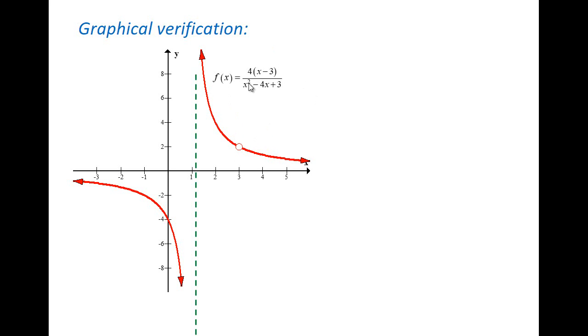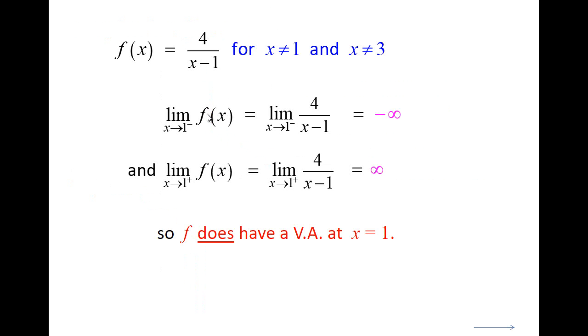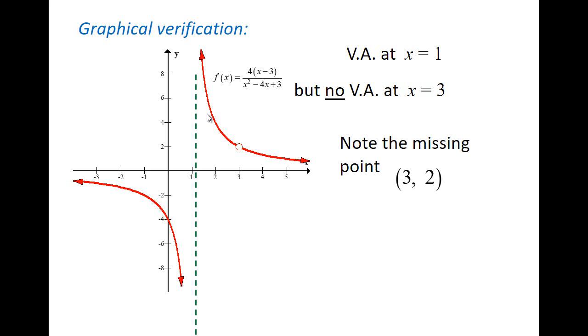So that means that the graph of f is the same as the graph of 4 over x minus 1 as long as x is not 3. Now the vertical asymptote is at 1, there is no vertical asymptote at 3, there is a hole at 3, and note the missing point at 3 too, because that's where the hole is. The calculator doesn't show this hole when you draw it.